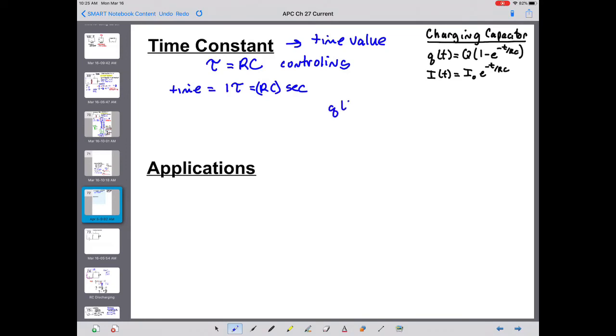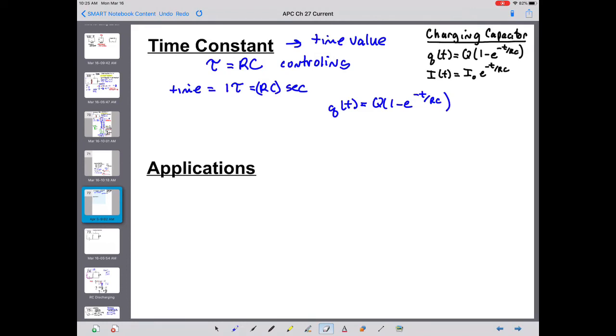In our Q of t equation, Q times 1 minus e to the negative t over one time constant, I'll write RC.